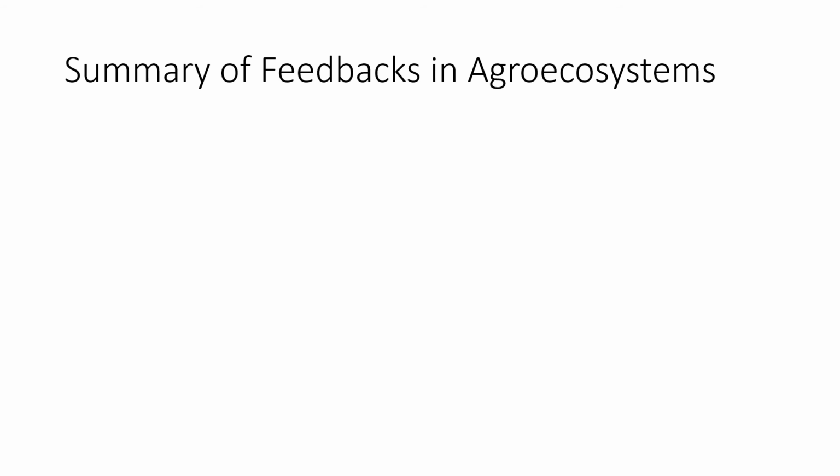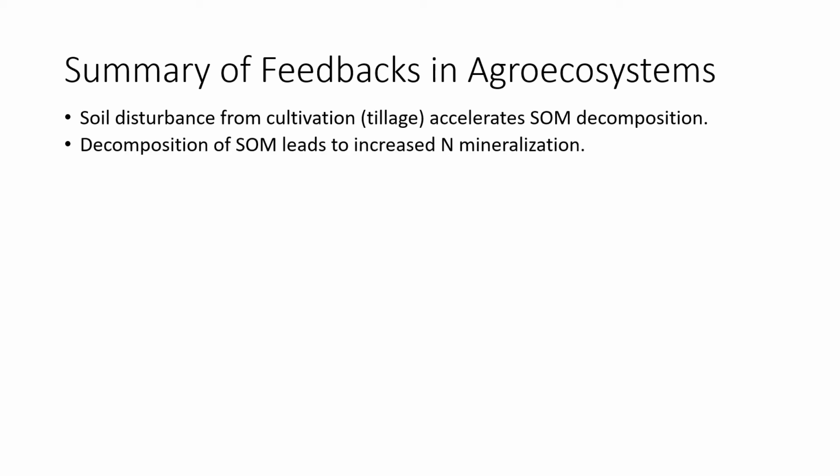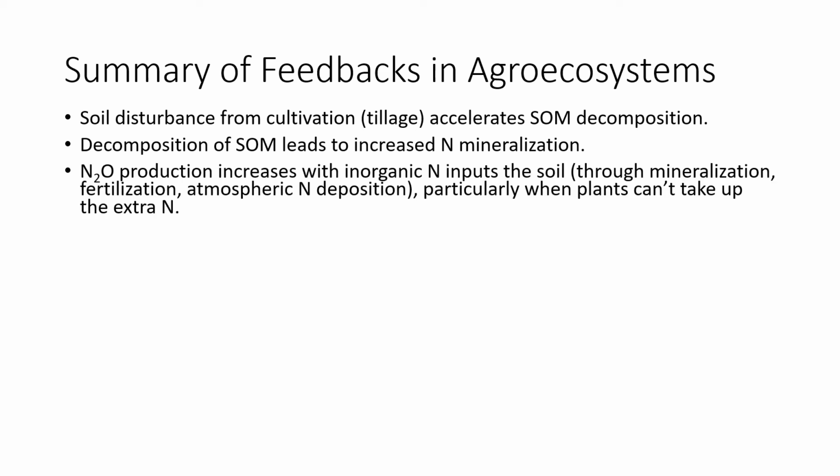So just to summarize a lot of the things that I just said in this previous example, soil disturbance from cultivation accelerates soil organic matter decomposition. And decomposition of soil organic matter leads to increased nitrogen mineralization and an increase in inorganic nitrogen going into the soil. N2O production increases when inorganic N increases in the soil.